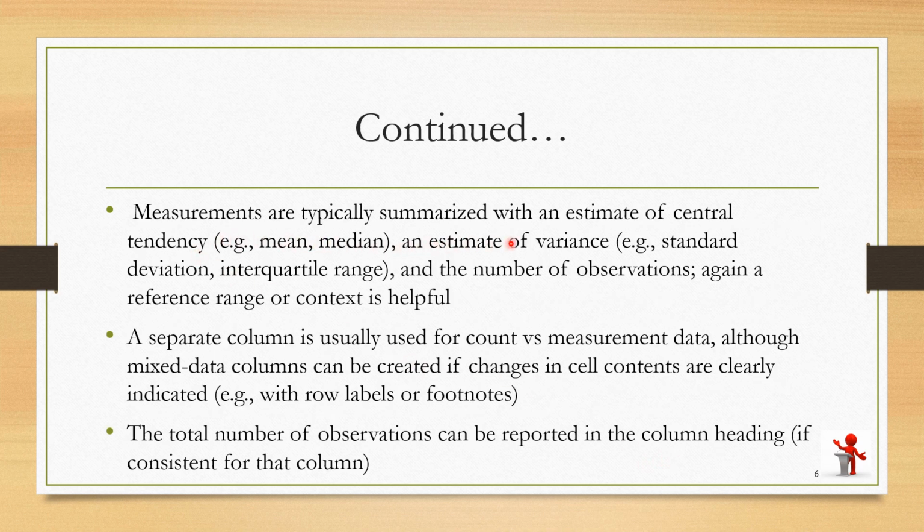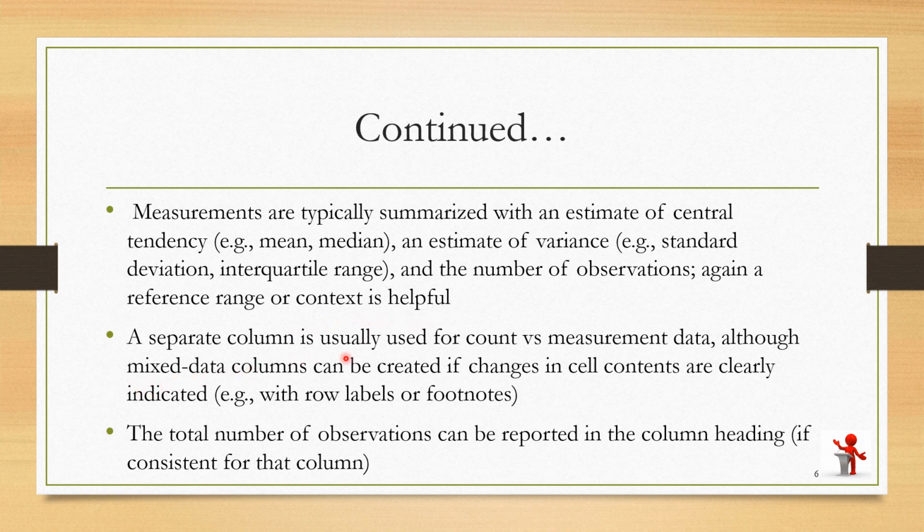Measurements are typically summarized with an estimate of a central tendency. For example, mean, median, and estimate of variance. For instance, standard deviation, interquartile range, and the number of observations. Again, a reference range or context is helpful.